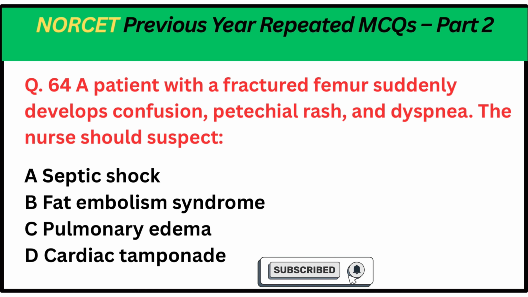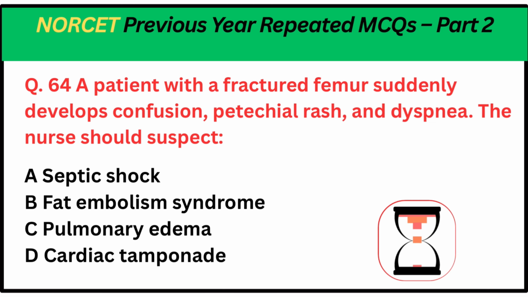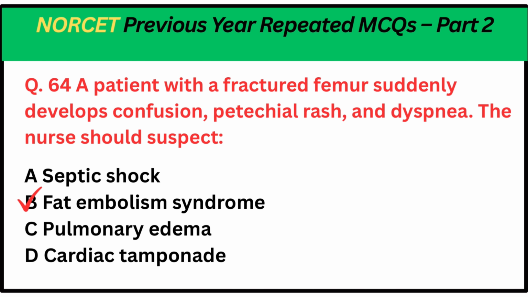A patient with a fractured femur suddenly develops confusion, petechial rash and dyspnea. The nurse should suspect... Your correct option is option B, fat embolism syndrome. Moving to the next question, question number 65.